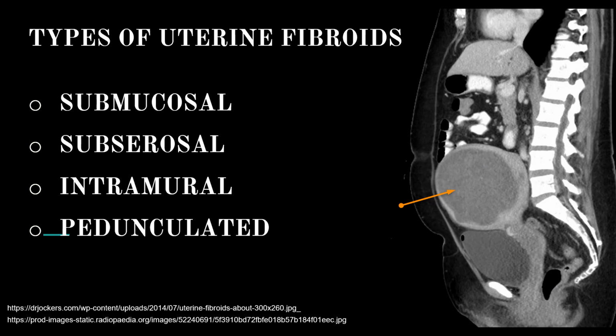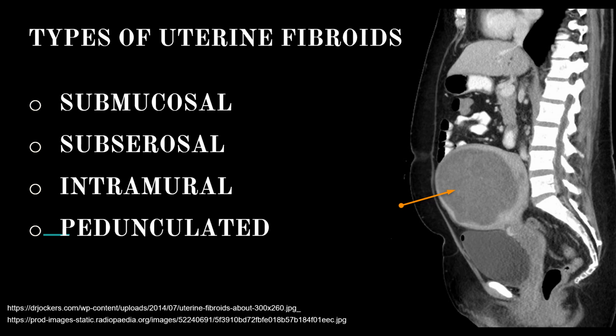So we have some different types of fibroids that can be identified, and they have four distinct characteristics in their growth patterns. The submucosal fibroid develops below the mucus lining of the uterine cavity. The subserosal fibroid develops outside the uterus and continues to grow outside of the uterus into the pelvic cavity.